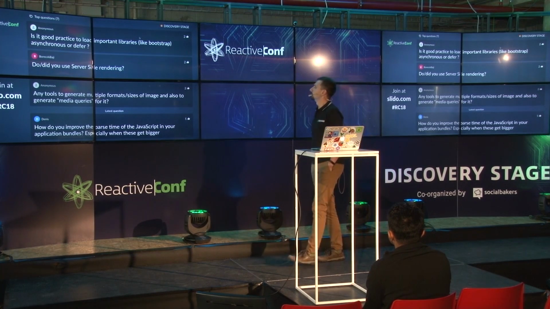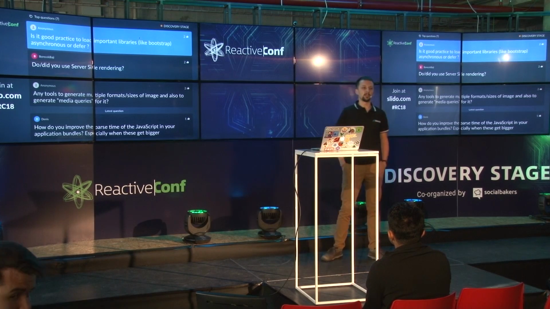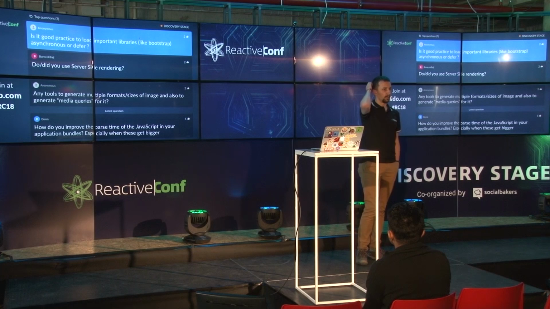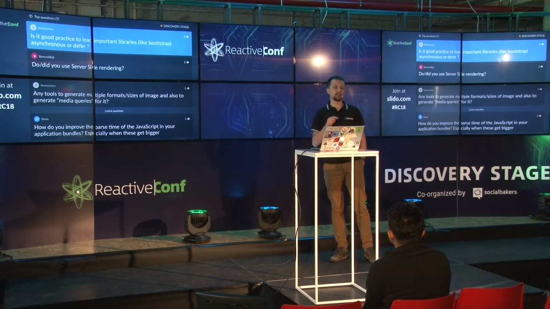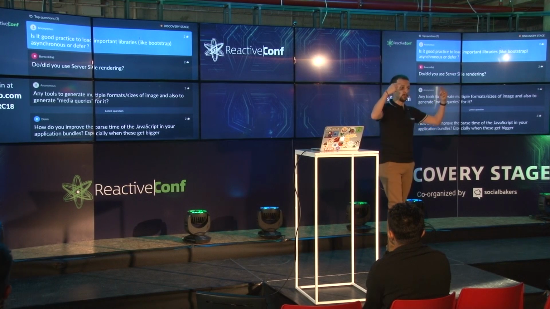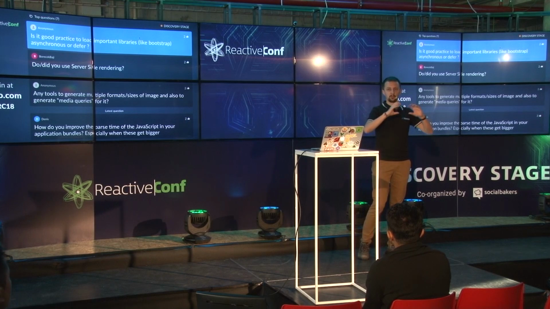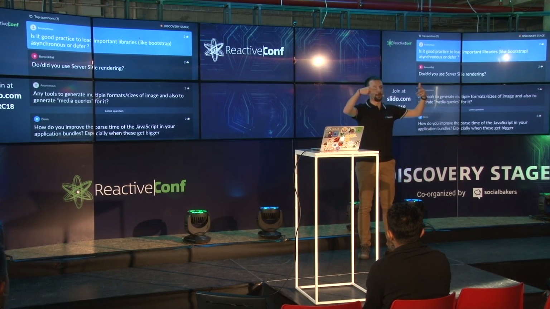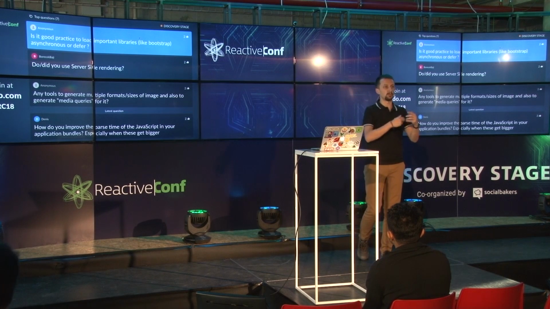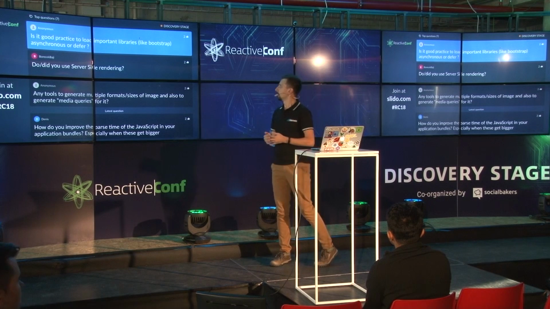Is it good practice to learn important libraries, async or defer? The problem with async is that it does not guarantee that the order in which you put the resources is the order in which they get executed. So if you have some script that depends on something being executed before it, you will not be able to use async without having some sort of potential conflicts.